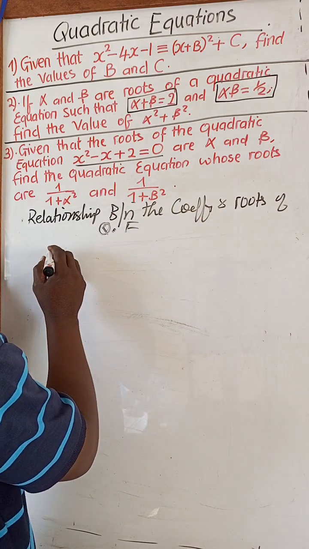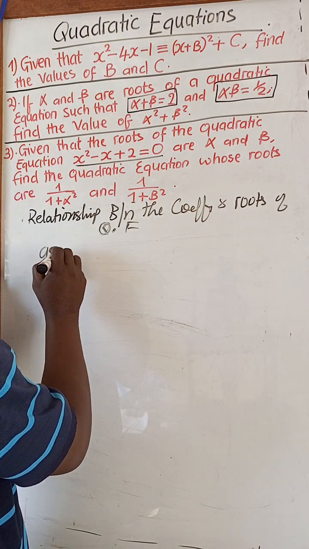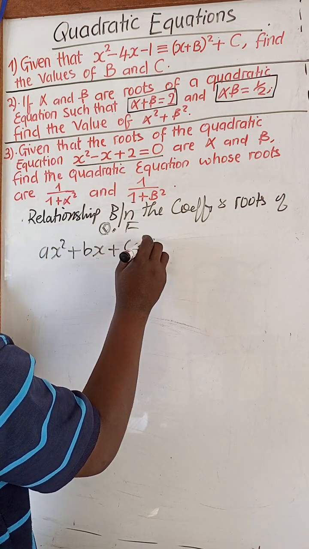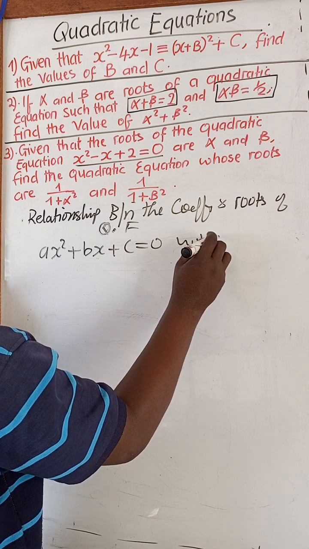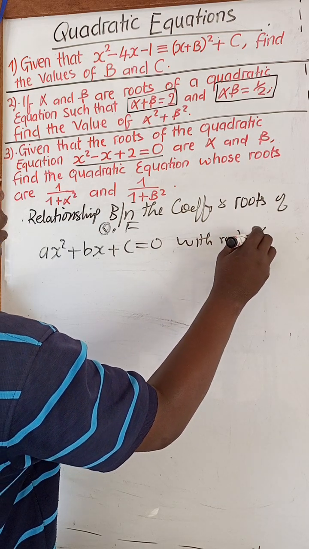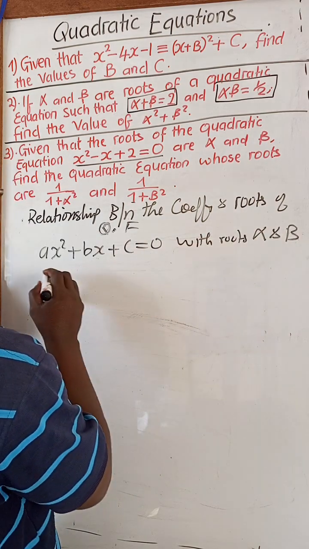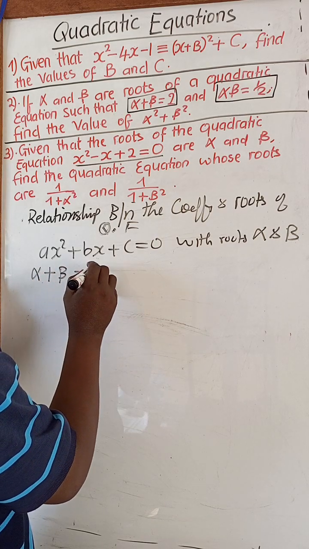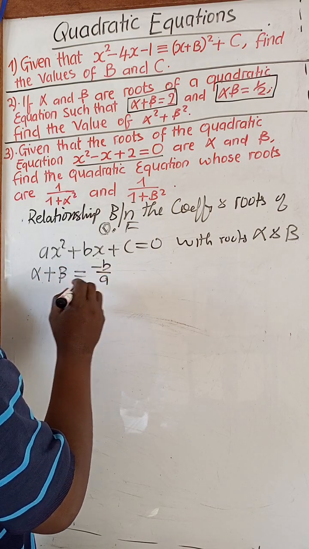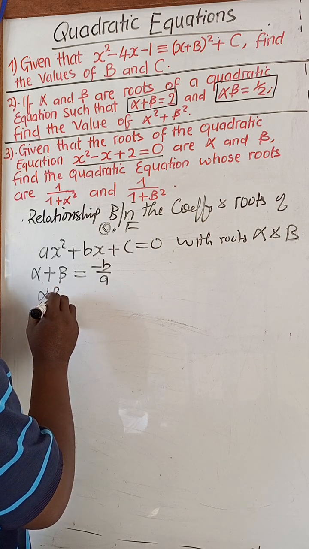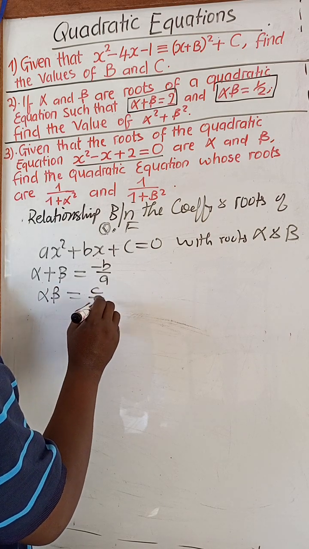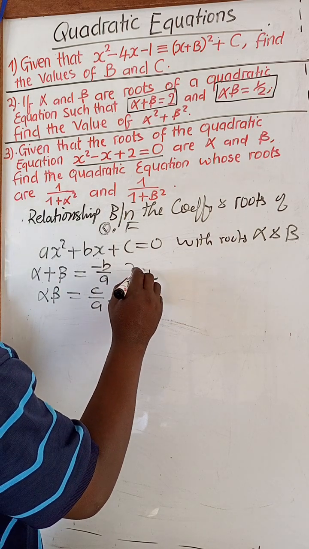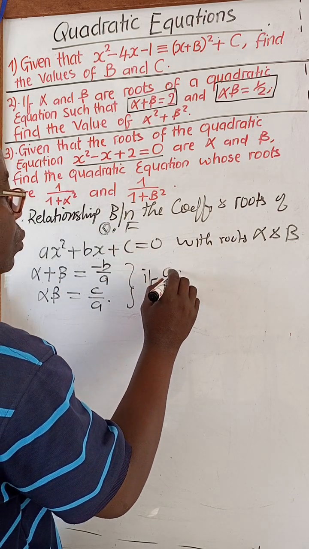Okay, if given the quadratic equation ax squared plus bx plus c equals 0 with roots alpha and beta, we know that the sum is minus b all over a and the product is c all over a.